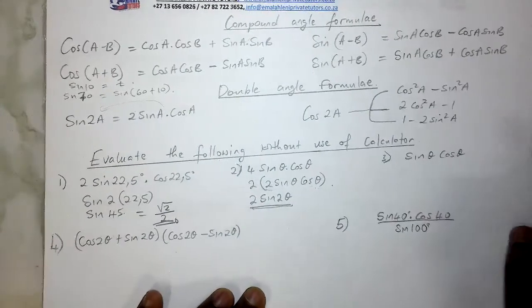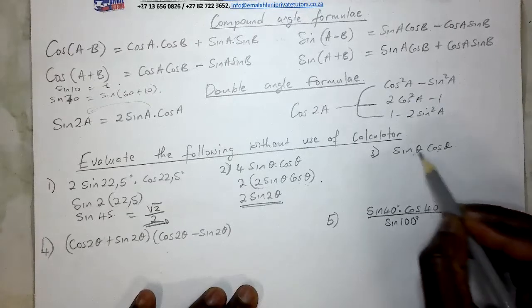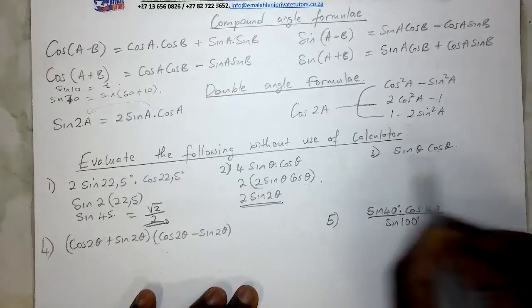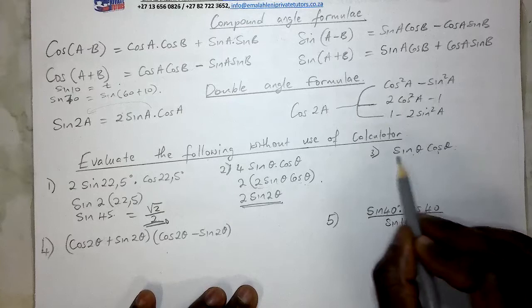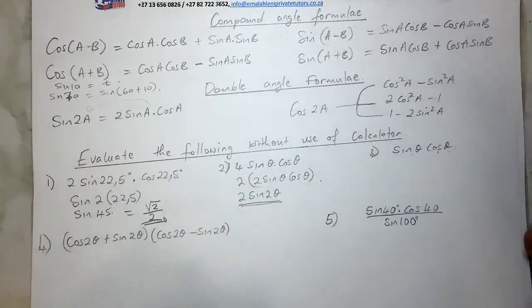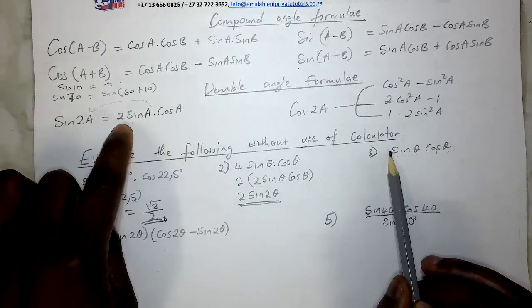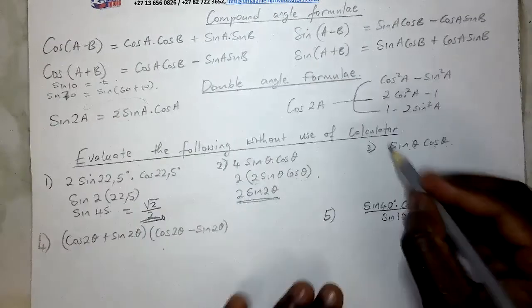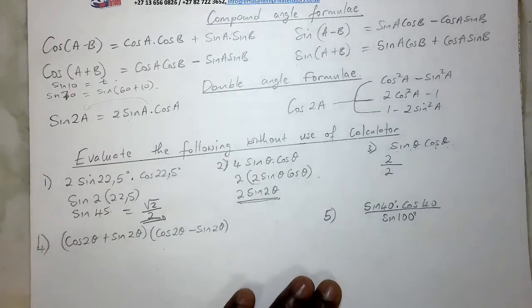Now, let's check the last part, sine theta cos theta. When you look at sine theta cos theta, there is no expression for this. It's not a double angle, and we don't have any identity for this. So what must we do? We must modify it. We know that we need to have 2 here, but we can't just put 2. We need to put 2 over 2, which is more like a 1, so you didn't do anything there.